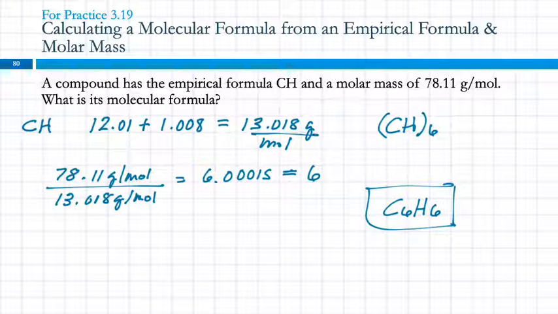Any questions? Yes? So, like, using different periodic tables will give you slightly different masses, right? But it's going to be so close that we're still going to get nice numbers. Right. Okay.